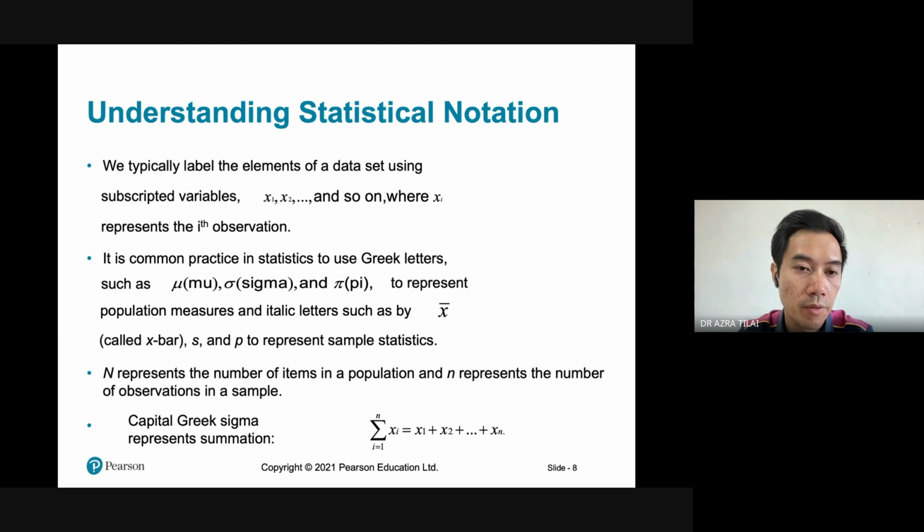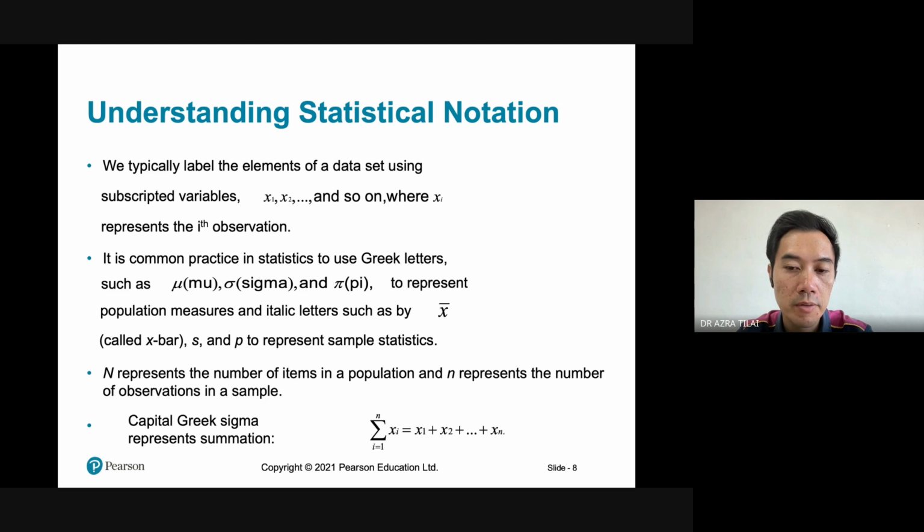For example, it is common practice in statistics to use Greek letters such as this one, which looks like a U, called mu, or sigma, and pi, which represent population measures, and italic letters such as x-bar for the mean, s and p.